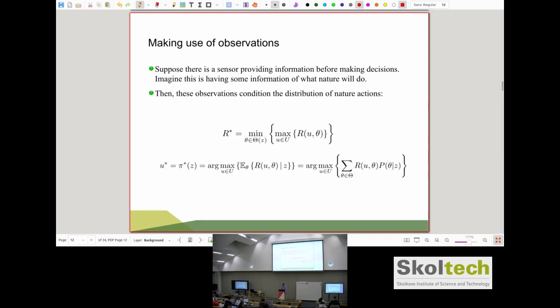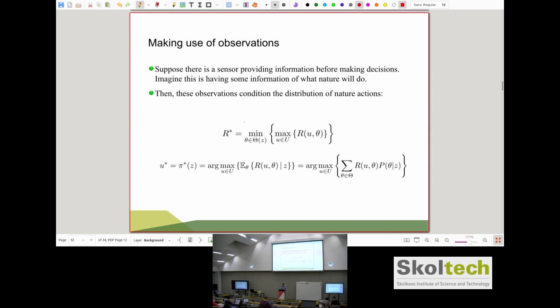Okay, another very interesting way of thinking is how can we make use of observations? We were saying before that there's this nature that just has some statistics and you just randomly sample, you draw one sample from this distribution.